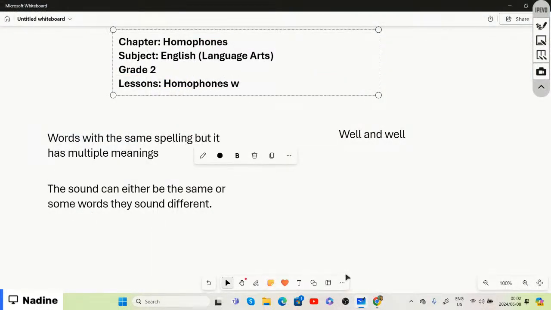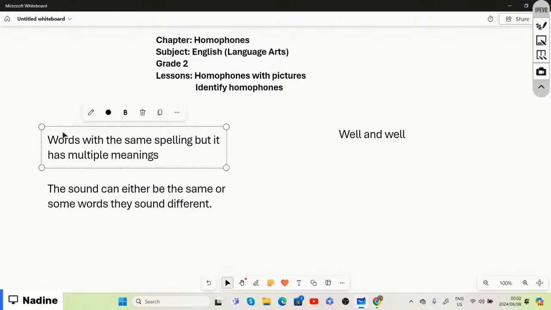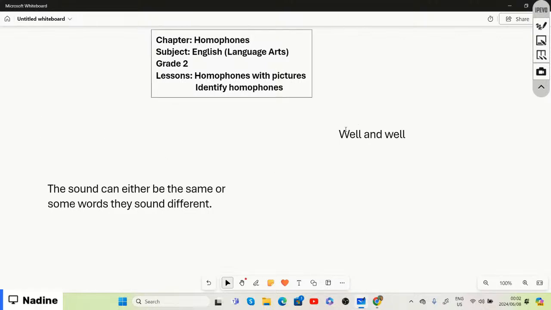Today, we will be doing our grade 2 English lesson on homophones. Before we start, we're going to log on to aplusstudents.ca with our username as well as our password.